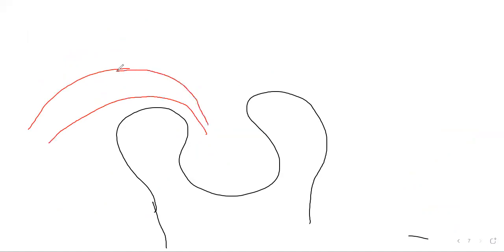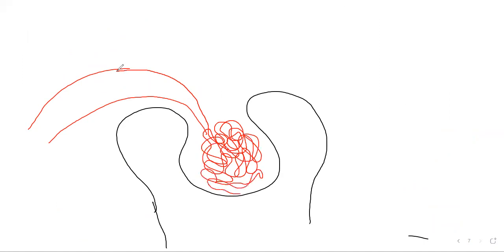Okay, this is a Bowman's capsule. Then who is our guest? Afferent arteriole. When it enters inside, it forms a bunch of capillary network inside. What is that? Yeah, glomerulus. This is the red one, the glomerulus. Then going out, who is going out?